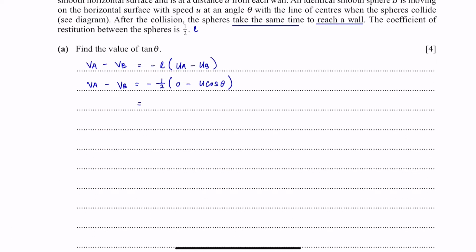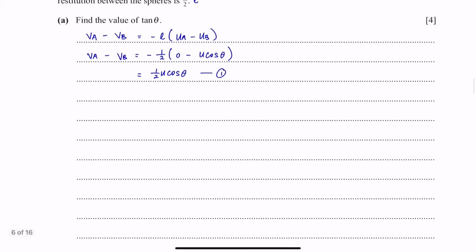So VA minus VB would be half U cos theta. This would be our first equation.